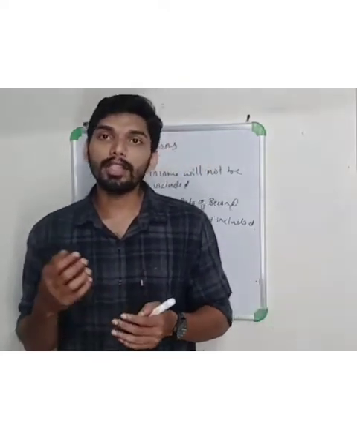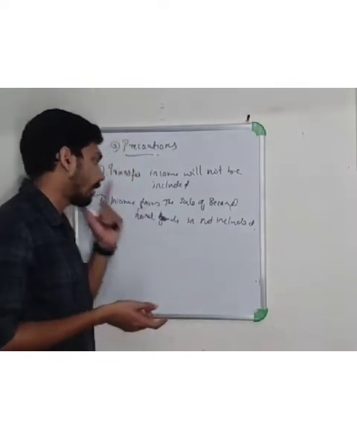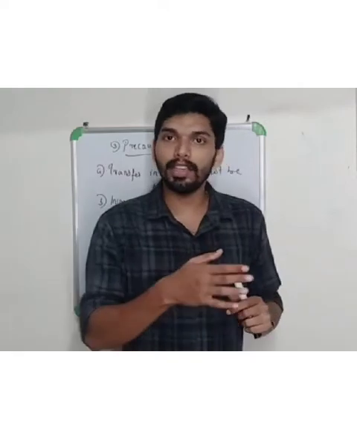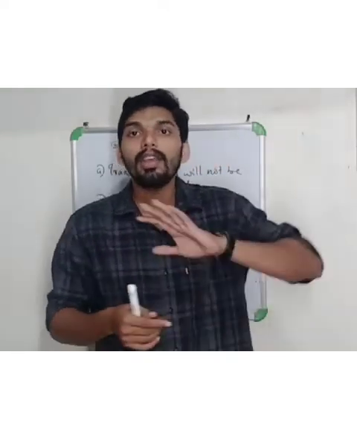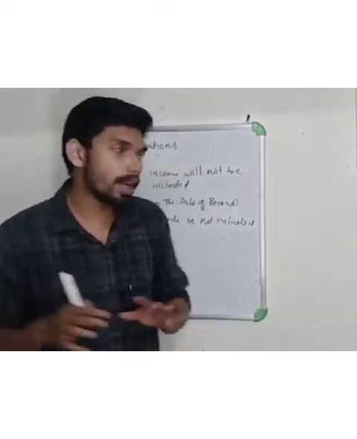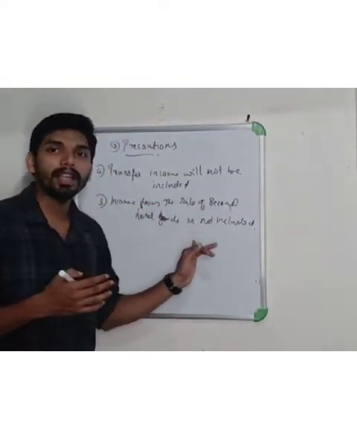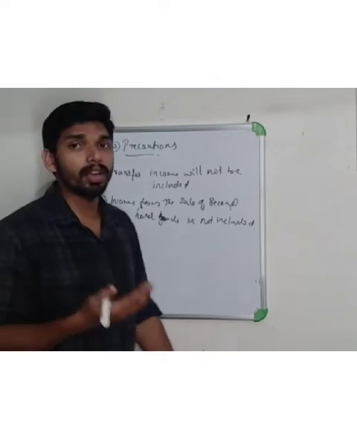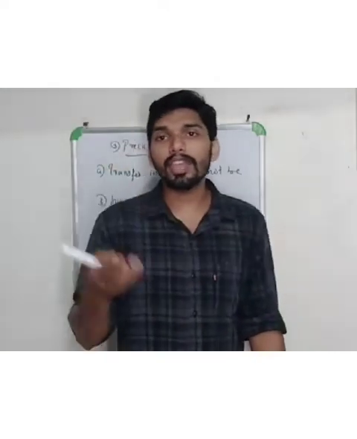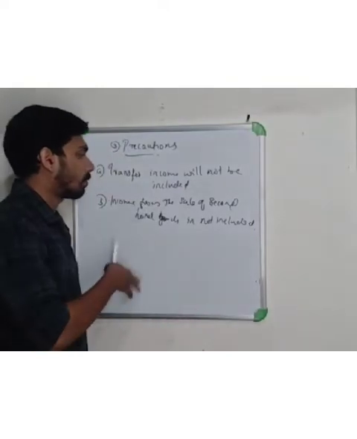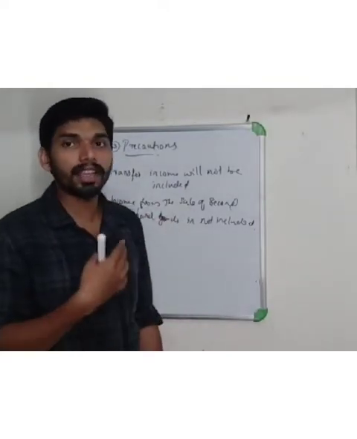Because their value or their net addition is already included in the year in which they were produced. We had already discussed those points. That is why we do not include the value of the sale of second-hand goods.